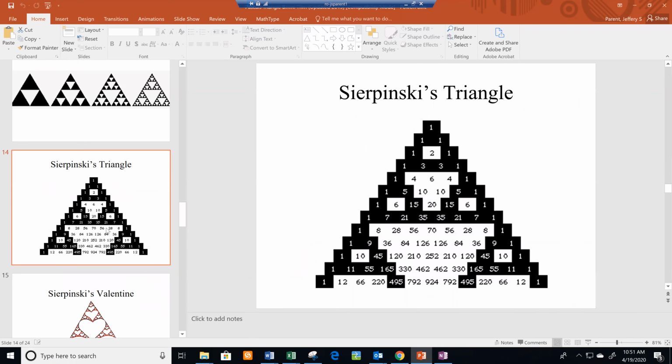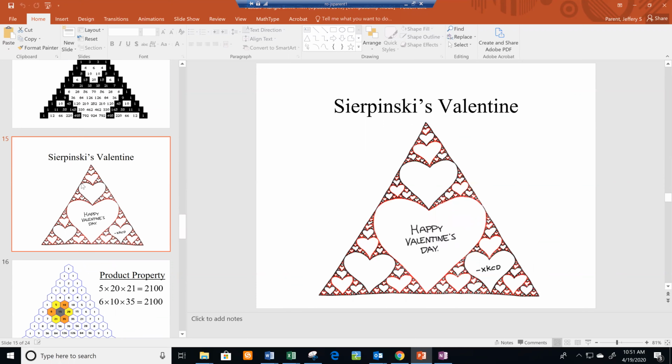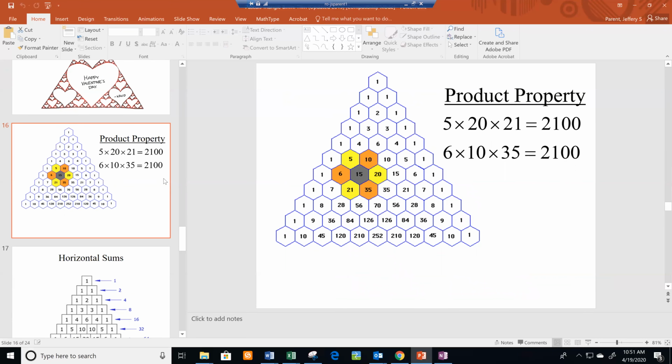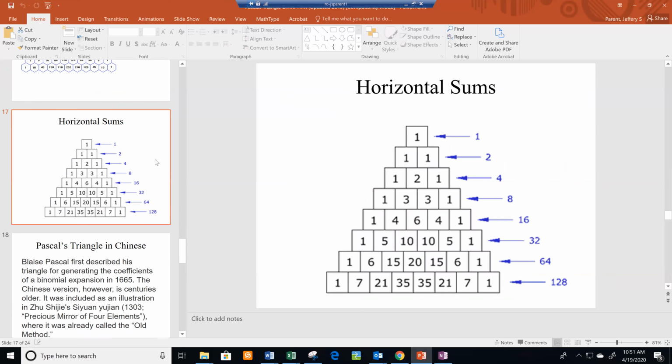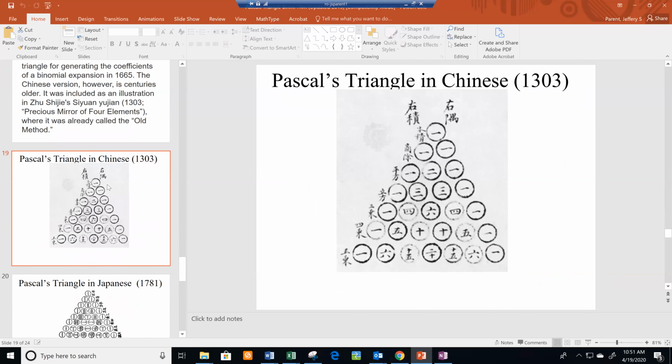And it's just kind of a cool thing. If this were near Valentine's Day, we could talk about Sierpinski's Valentine. On and on. Products of these things have some similarities. Sums are powers of 2.